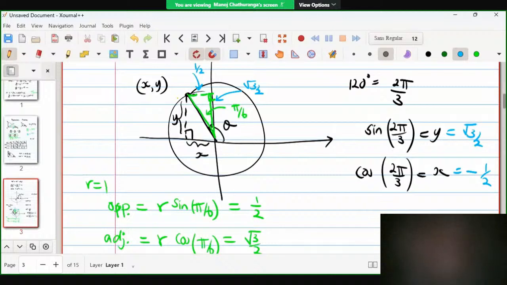So likewise, we can compute these trig function values for angles bigger than 90 degrees. And also in trigonometry, we have this convention of negative angles. We say angles measured in counterclockwise direction are positive, and angles measured in clockwise direction are negative.